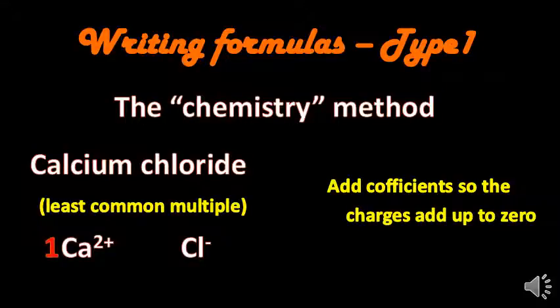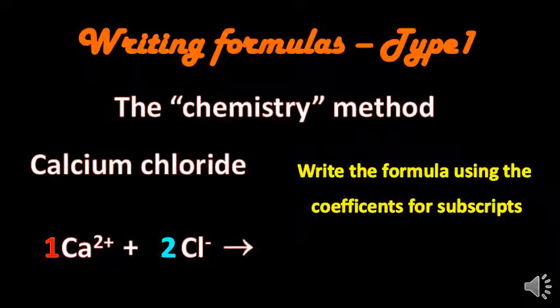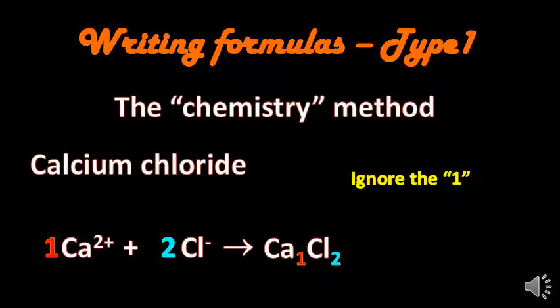So 1 times 2 is 2, and 2 times 1 is 2. Now we're going to put in some chemistry symbols. And then we're going to write the formula using these coefficients as our subscripts. So Ca1Cl2. We're going to ignore the 1s and end up with calcium chloride, CaCl2.